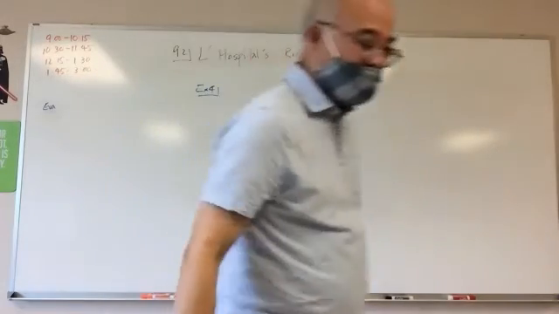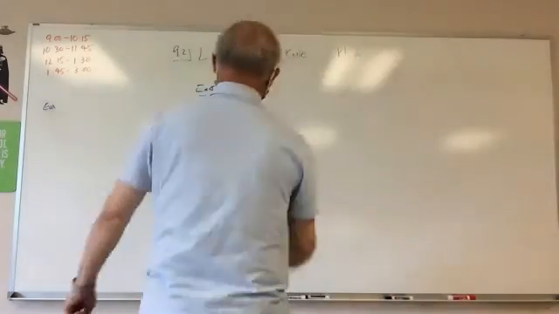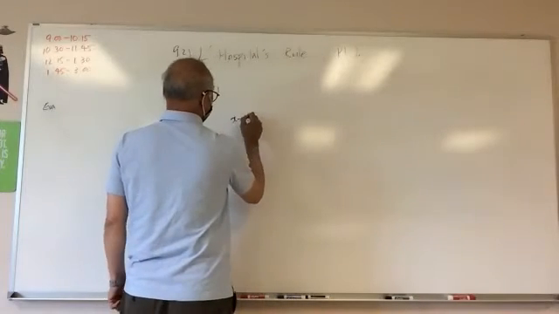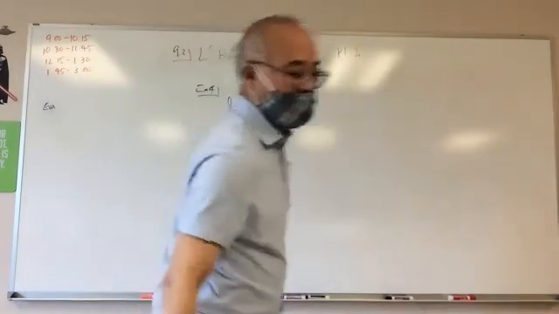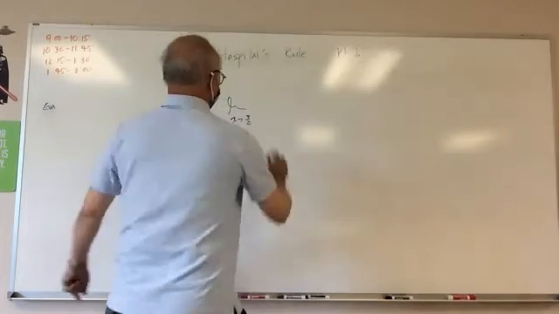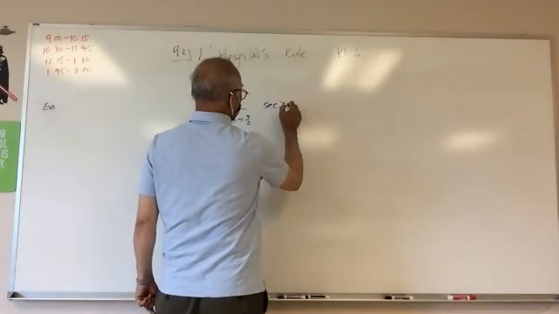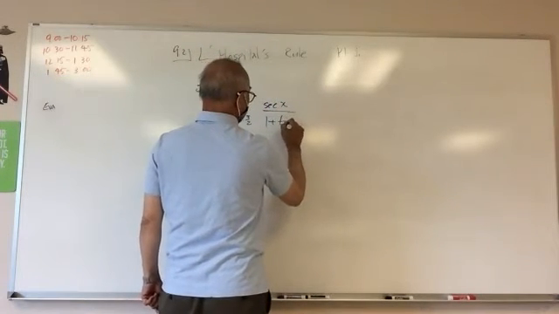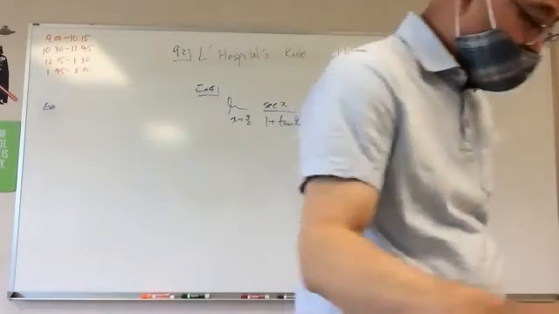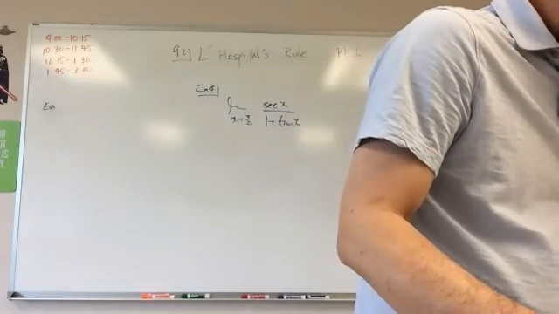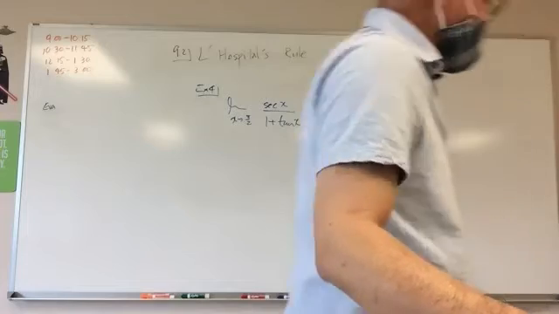As x approaches pi over 2, we have secant x over 1 plus tangent x. Secant x is 1 over cosine x.